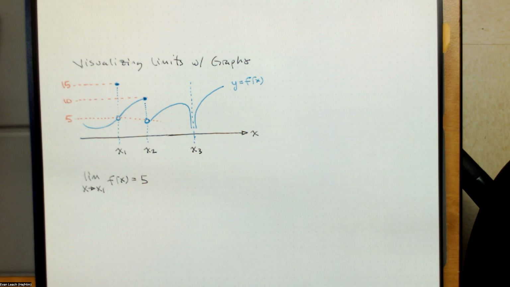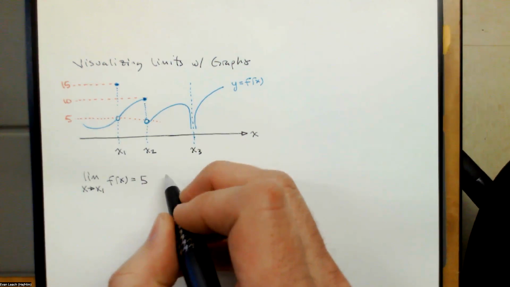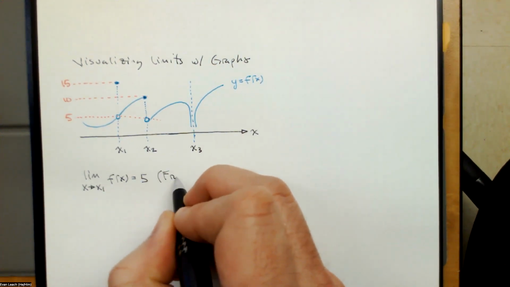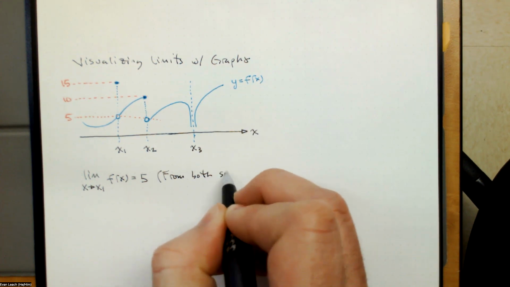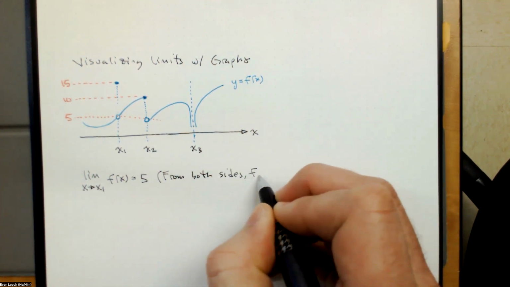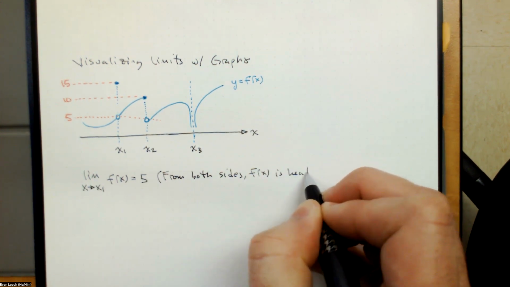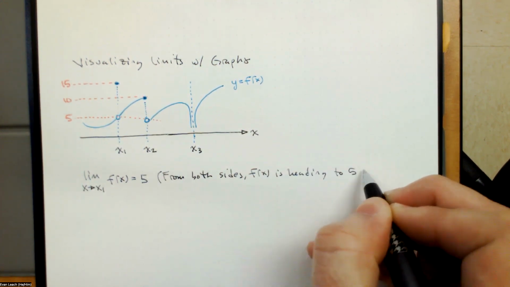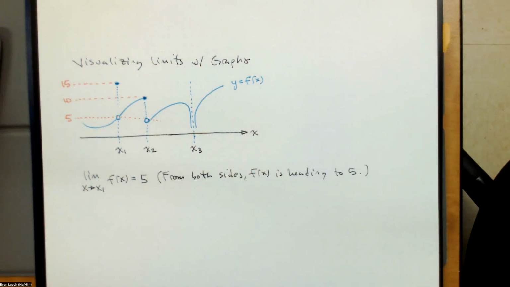From the left and the right, the function is headed towards 5. That's the practical part of it. From both sides, f of x is headed towards 5. What's actually happening at 5 is not the concern of the limit. The limit does not care that f of x1 is 15.